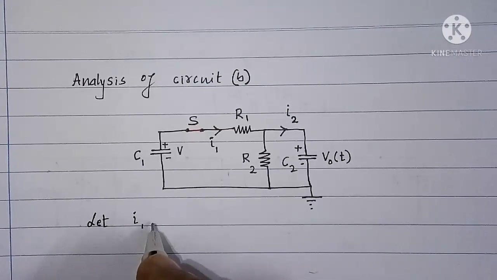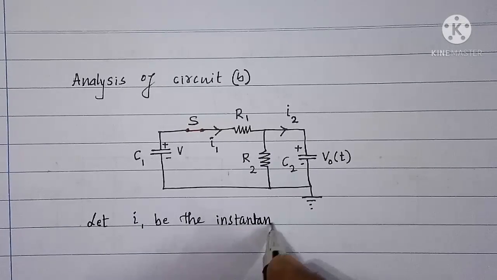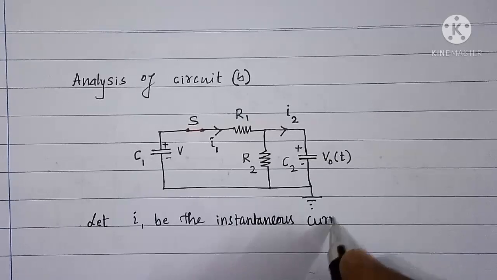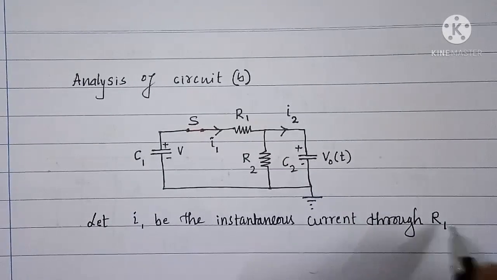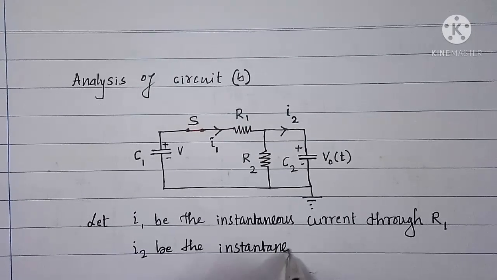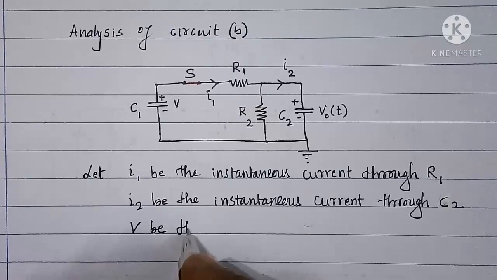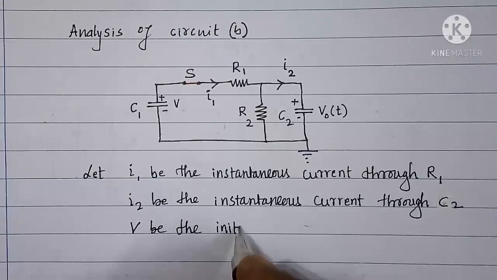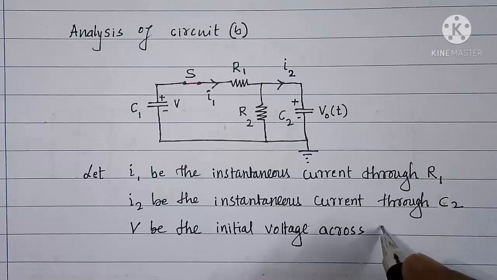Let I1 be the instantaneous current through R1, I2 be the instantaneous current through C2, V be the initial voltage across C1.